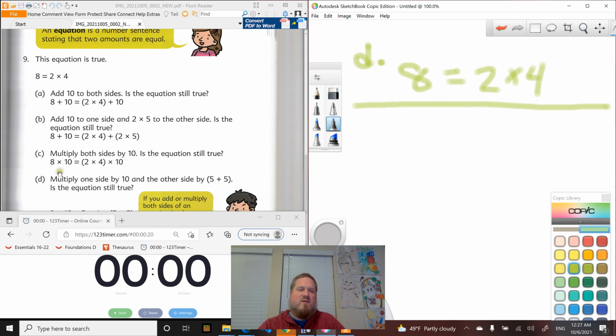Now, they want you to multiply one side by 10, the first side, and the other side by the expression 5 plus 5. So I'm going to give you 20 seconds to write out the new equation.